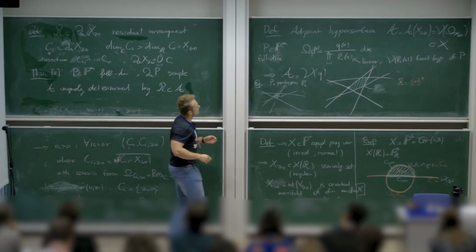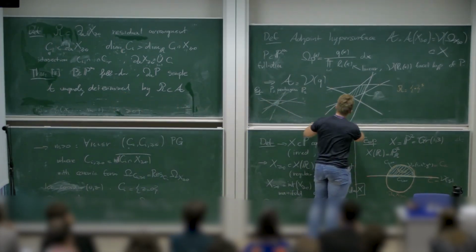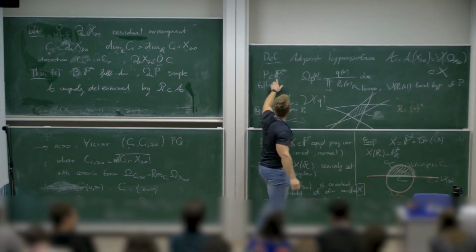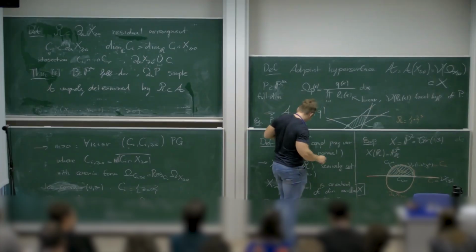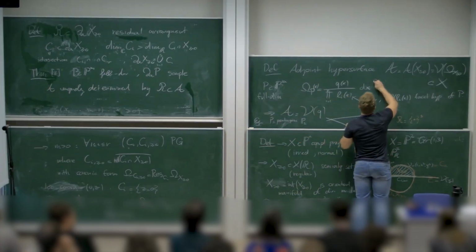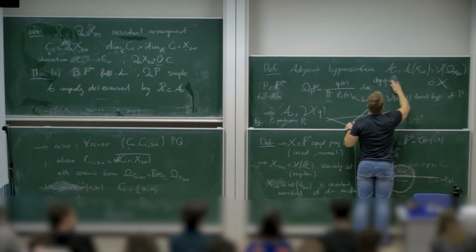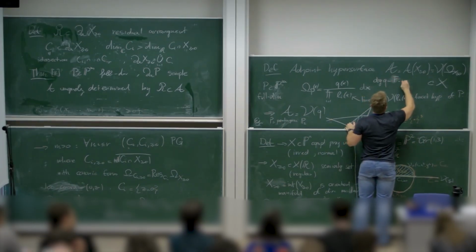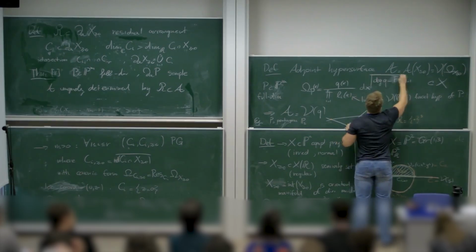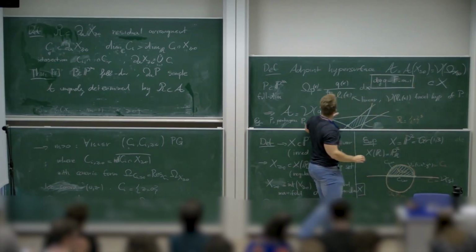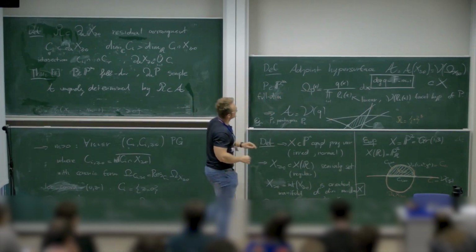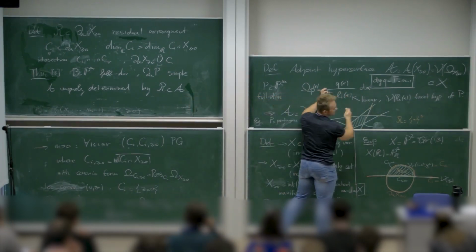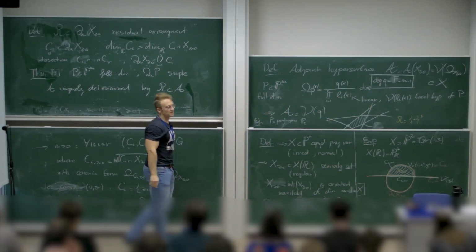Here I forgot to say that because this form has to be defined on projective space, there is a certain relation between the degrees of these polynomials. The degree of Q must be equal to F minus m minus 1. If you rescale simultaneously all coordinates in here, this form should be invariant under the action of rescaling.